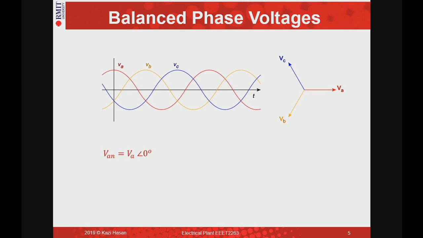So if we consider our voltage VA, that is the reference, so the angle will be VA at 0. In case of VB, with respect to VA, that is minus 120 degree. And our VC, with respect to VA, that is minus 240 degree. But you can write it another way as well, plus 240 and plus 120.